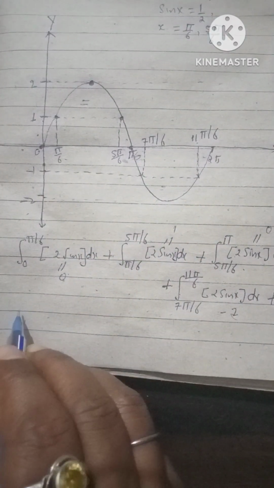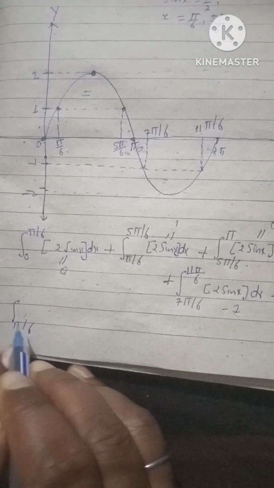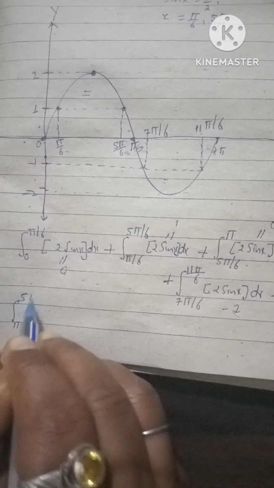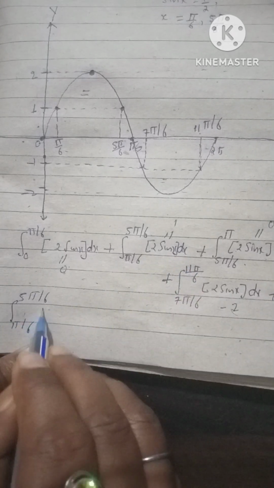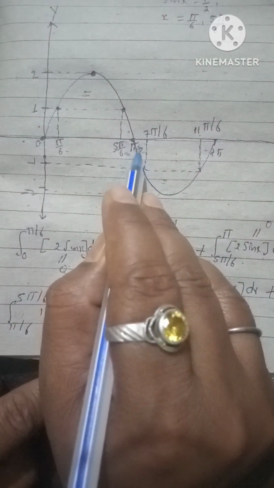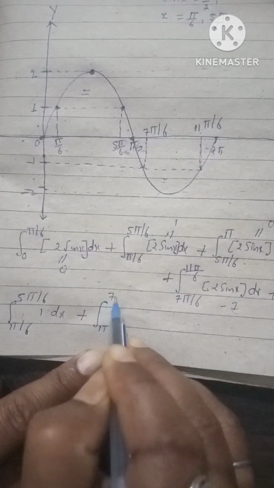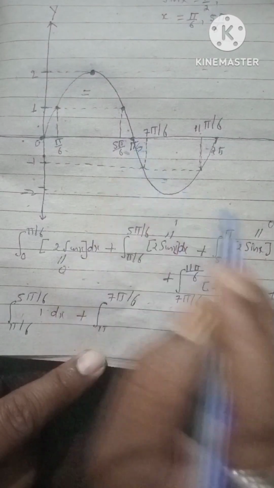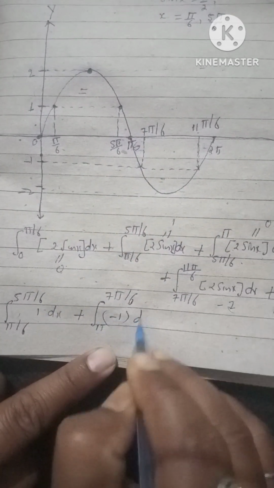So the integration of 1 dx from pi by 6 to 5 pi by 6, where the greatest integer of 2 sin x is 1, plus the integration from pi to 7 pi by 6, where the greatest integer of 2 sin x is minus 1, that is minus 1 dx.